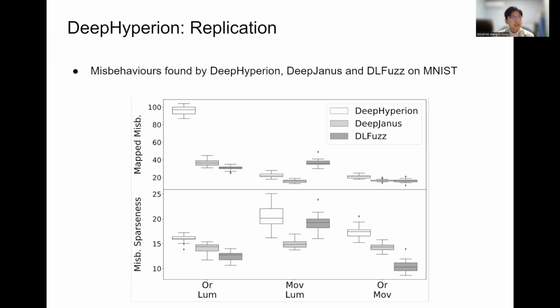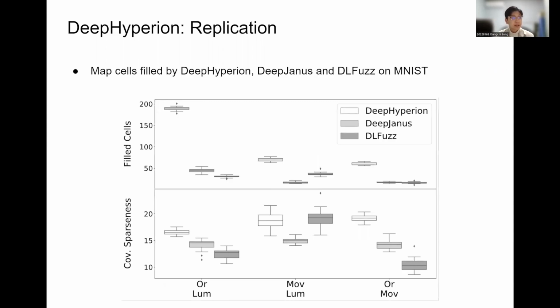Deep Hyperion detected over 100 distinct error behaviors for each feature combination, outperforming other tools by generating a more diverse array of faults. Deep Hyperion is capable of exposing a substantial number of misbehaviors, and more importantly, reveals a highly diverse array of misbehaviors associated with distantly related feature combinations.